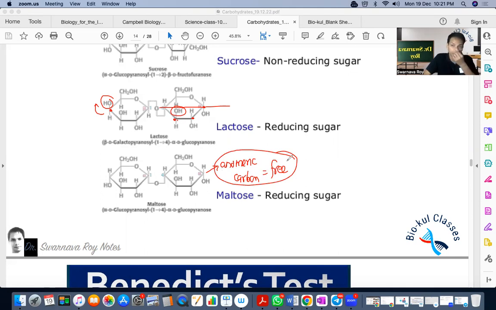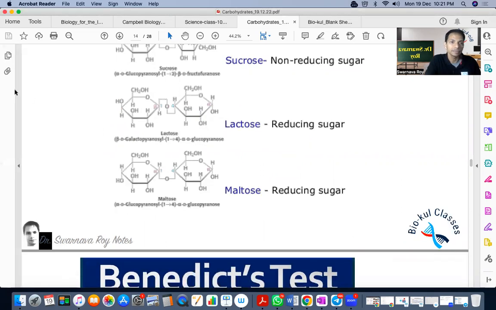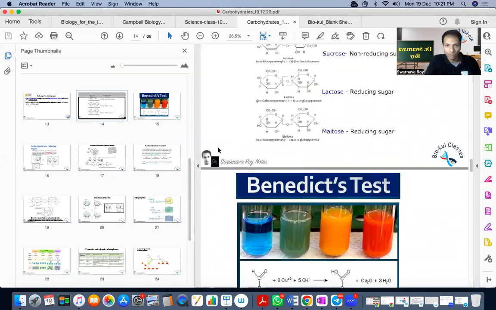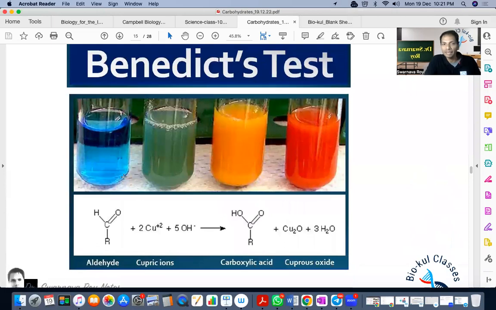And since it's free, it can react with any other molecule and it can reduce, just like we have with the Benedict's reagent. Just to give an idea of what Benedict's reagent is and how it reacts. Here, this is the Benedict's reagent. You see, Benedict's reagent is blue in color.